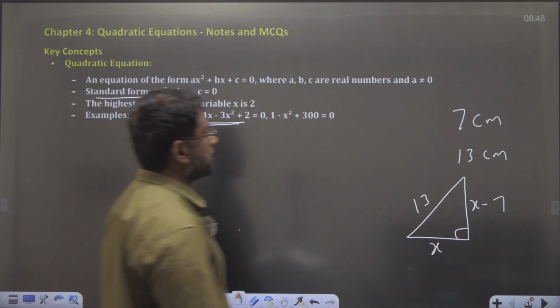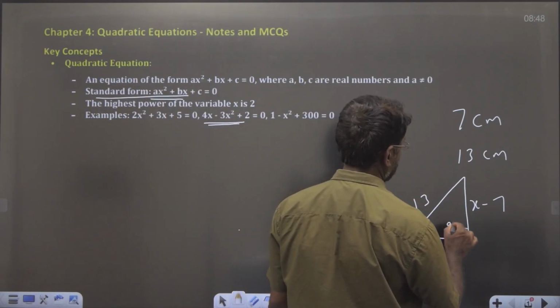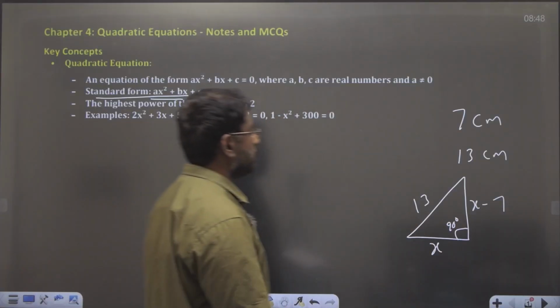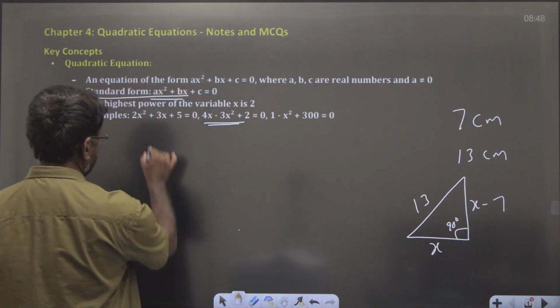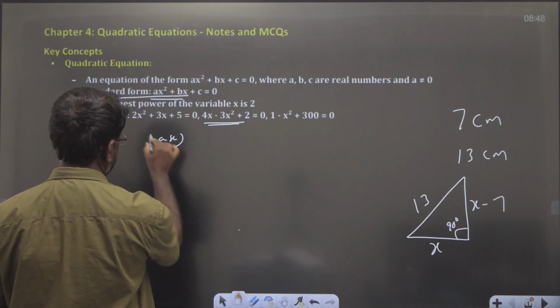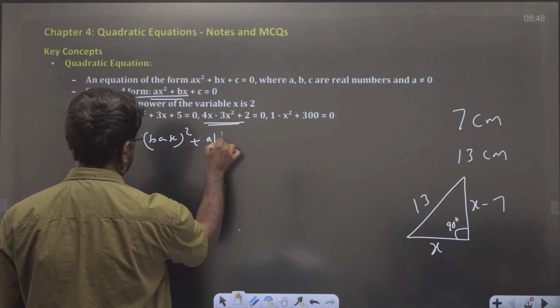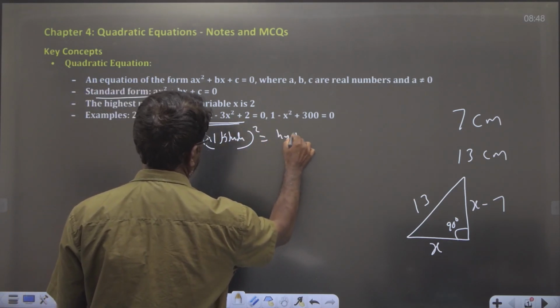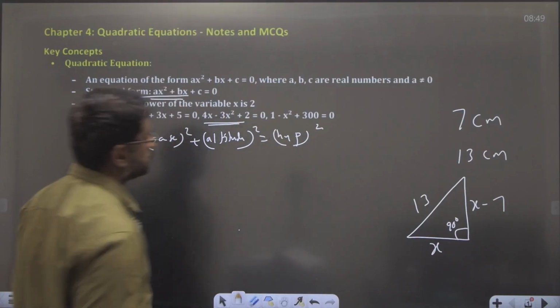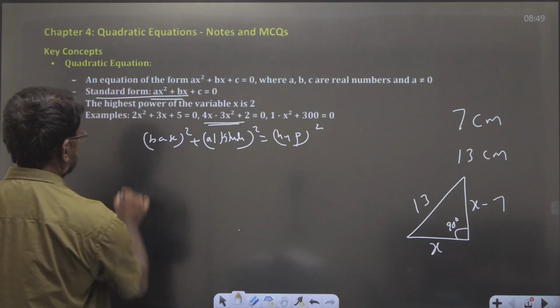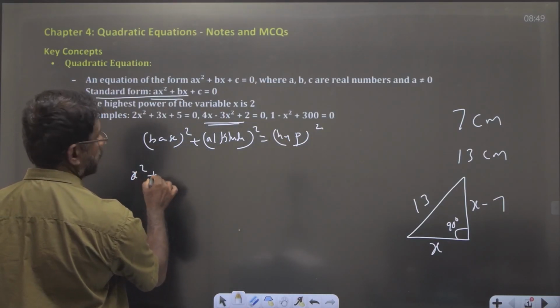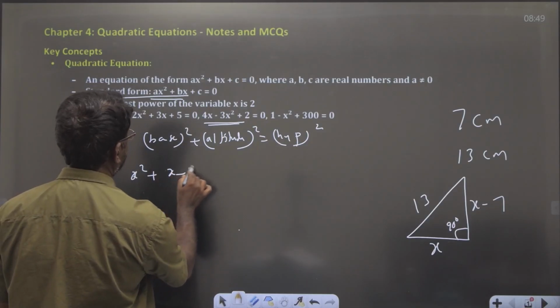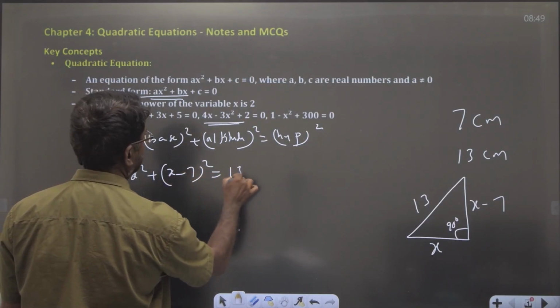We can use the Pythagoras rule. Base square plus altitude square equal to hypotenuse square. That is x square plus x minus 7 whole square equal to 13 square.